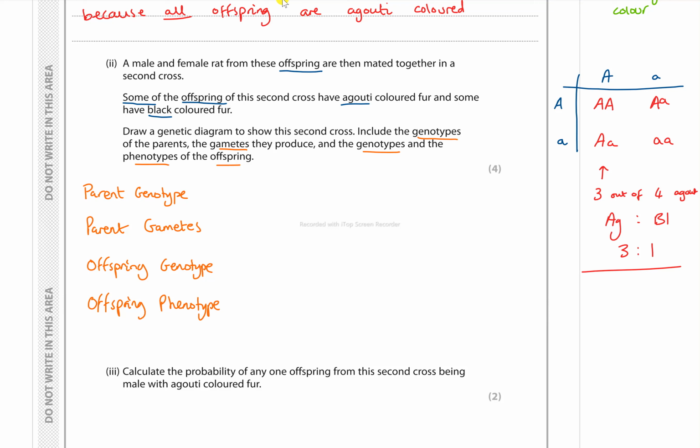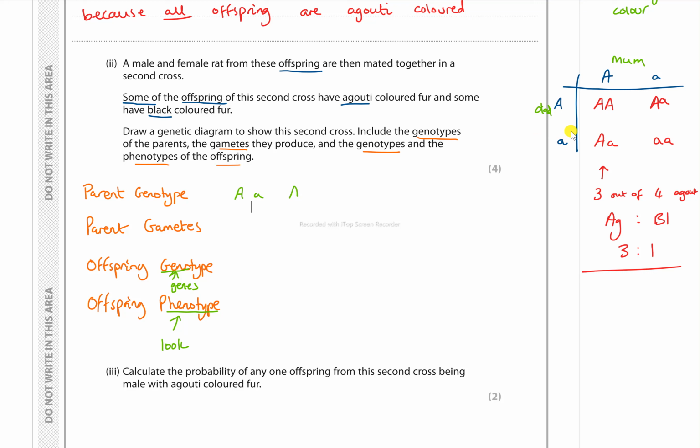Remember what we said, pheno is how they look, geno is the genes that they've got. So I'm going to go across here, let's just say this is for example mom and this is dad. We know mom's got here A and a, and dad here has got A and a.